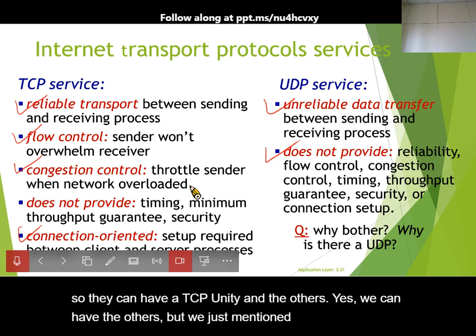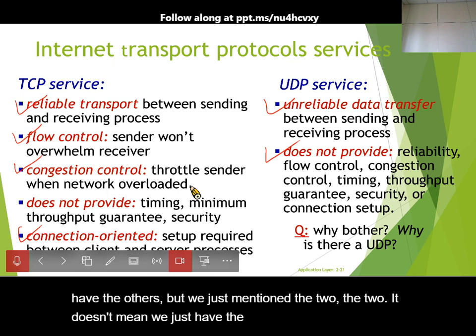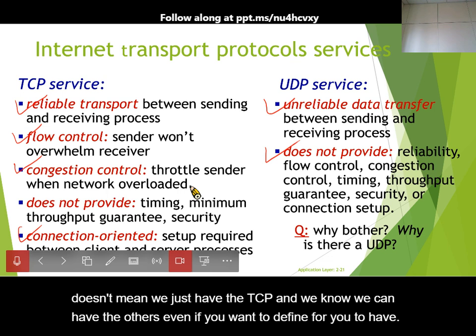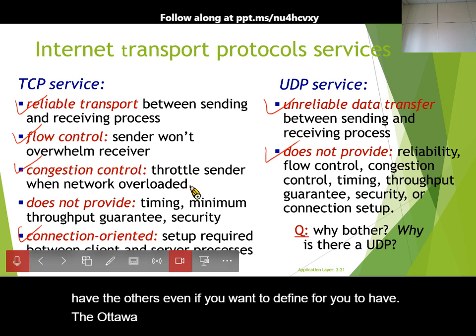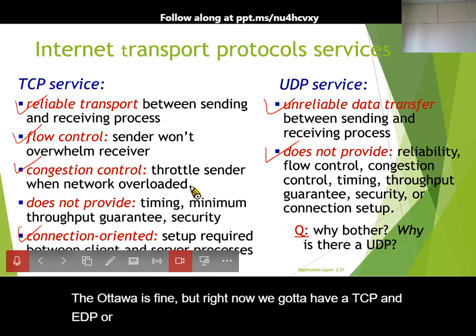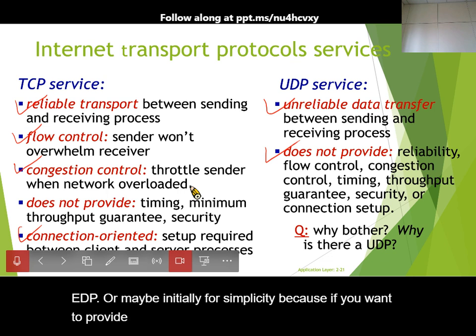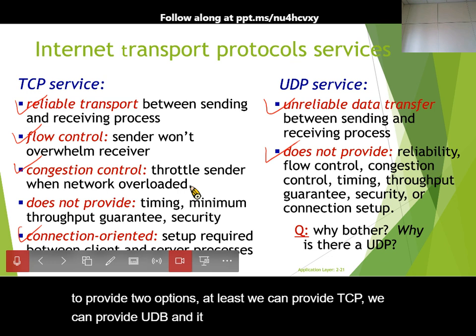It doesn't mean we just have TCP and UDP. We still can have others. Even if you want to define your own, that is fine. But right now, we have TCP and UDP, initially for simplicity. Because if we want to provide two options, at least we can provide TCP and UDP, and UDP actually can have faster communication for sure.